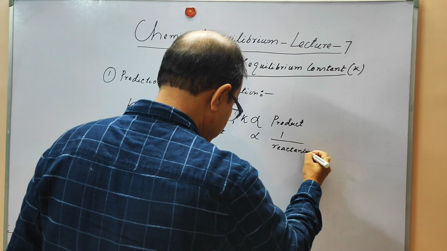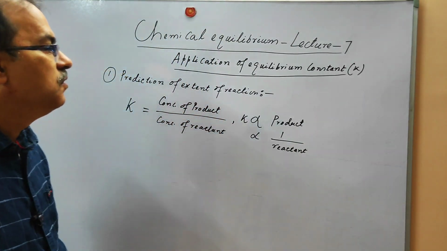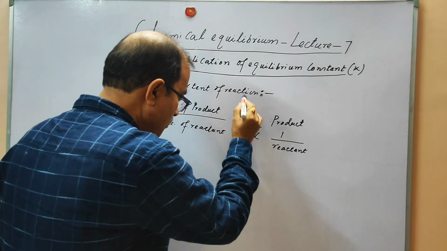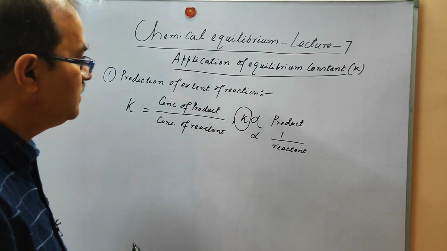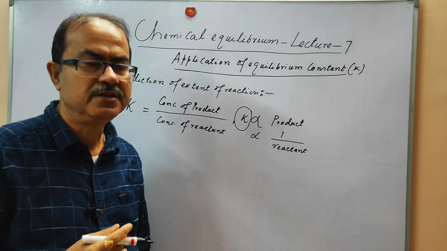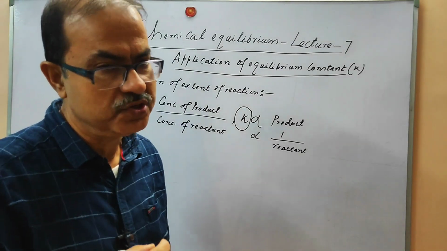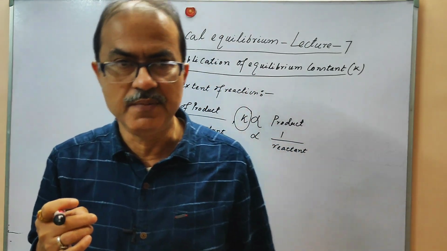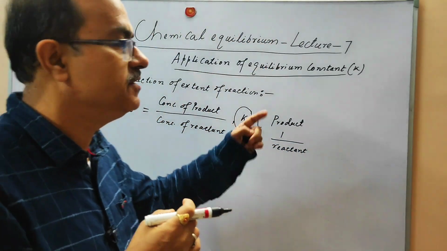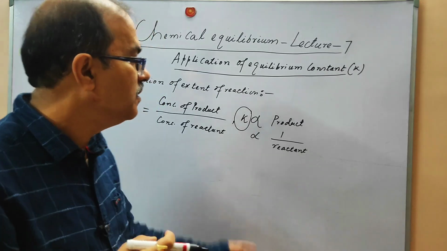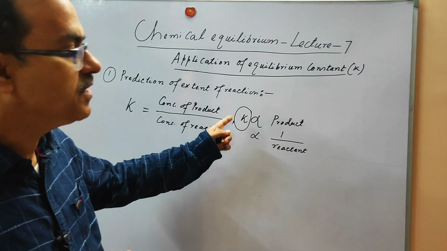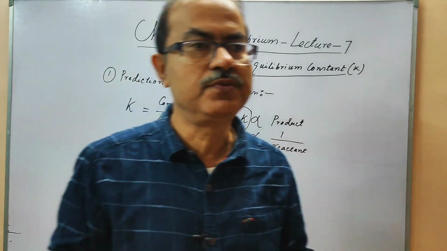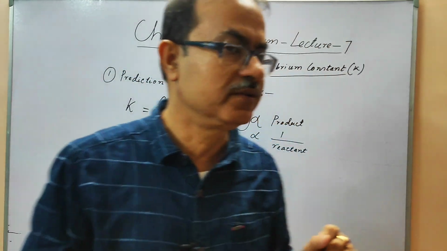What this means is that when the numerical value is higher, it suggests there is more concentration of the product at the time of equilibrium. When the equilibrium constant is low, there will be more presence of the reactant as compared to the product.